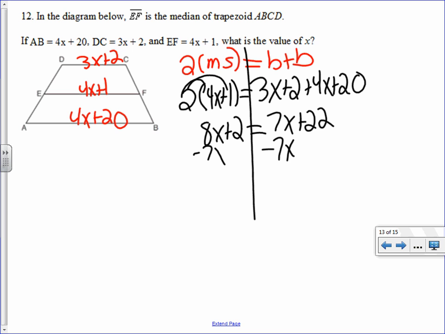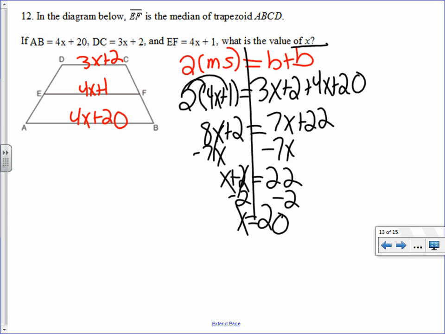Minus 7x, minus 7x. X plus 2 equals 22. Minus 2, minus 2. X equals 20. It's asking for the value of x. X is 20.